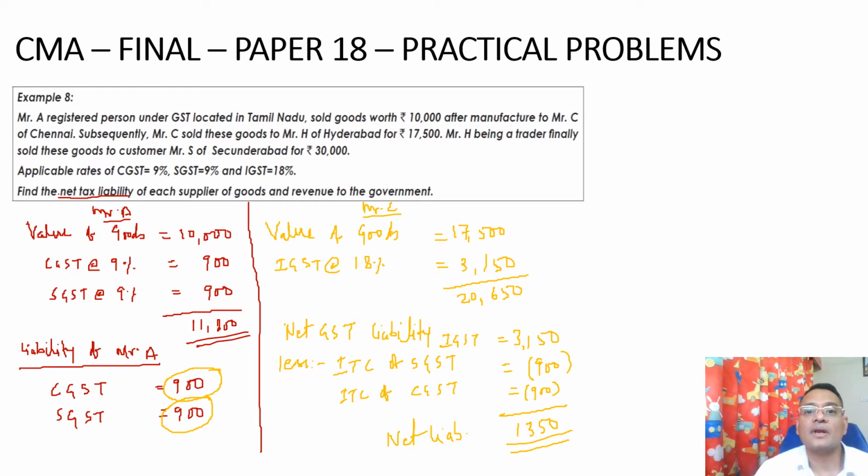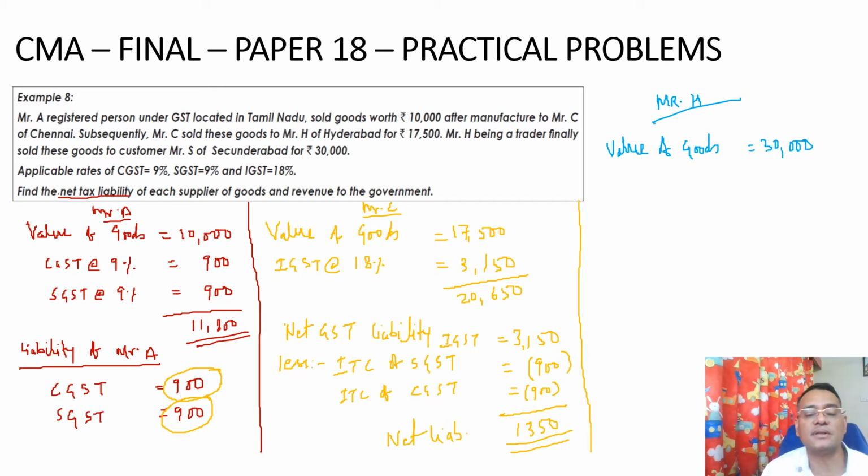Now last one, Mr. H being a trader finally sold these goods to consumer Mr. S of Secunderabad for rupees 30,000. So in our third case, now comes Mr. H. Value of goods 30,000.